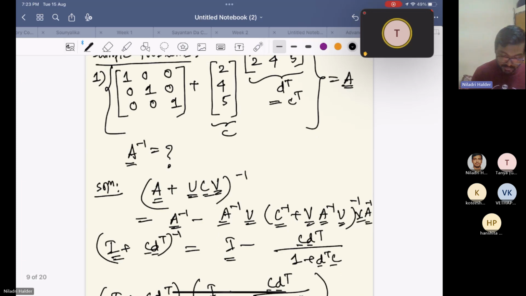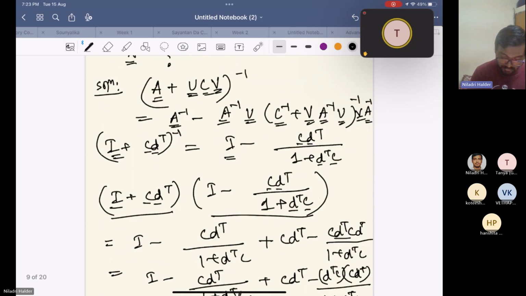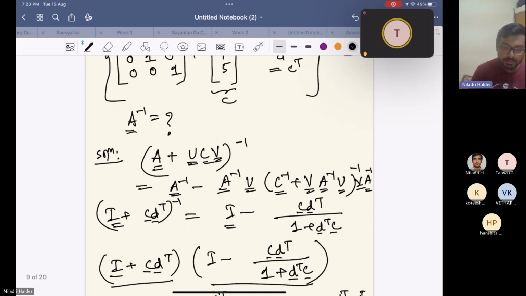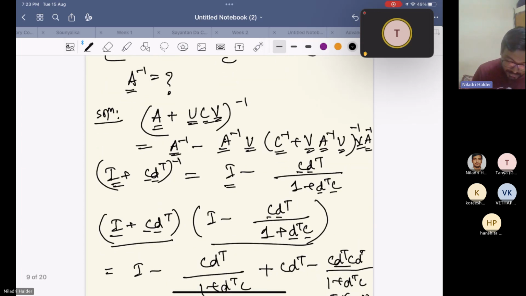So these are the sample problems. First of all, I have shown how to find the inverse of I plus CD transpose, just using the equation. This was the matrix inversion lemma.